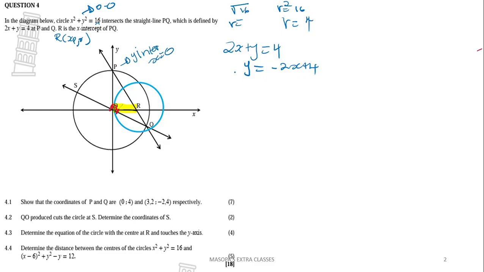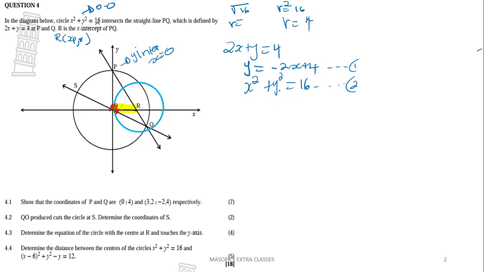And then from there you can see that the equation of the circle is x squared plus y squared equals 16. Because they intersect, I want to solve this simultaneously. Let's name this equation 1 and this equation 2. Equation 1 has y equal to negative 2x plus 4, meaning that you can easily substitute where you see y into equation 2.